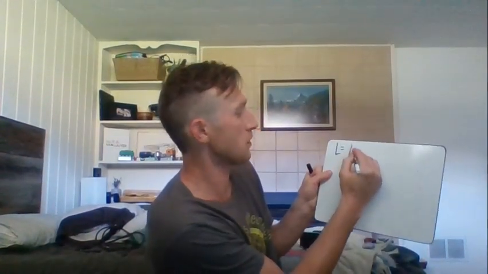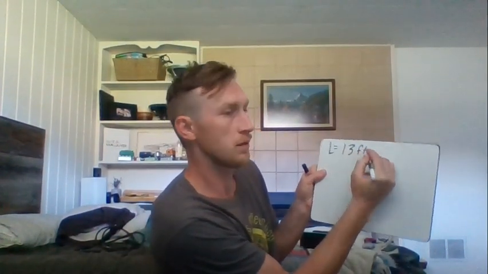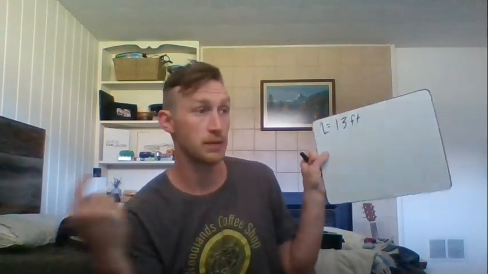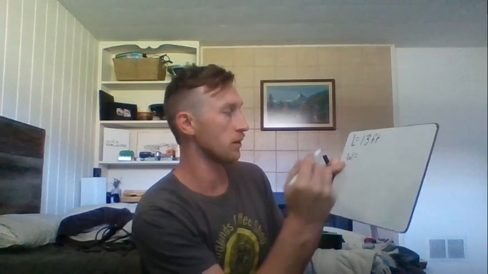The length of this bedroom is 13 feet. This way to this way, one wall to the other wall, is 13 feet. Next, I'm going to find my width. So length was this way, width is going to be this way.